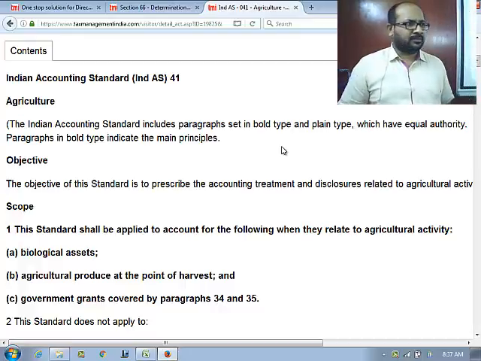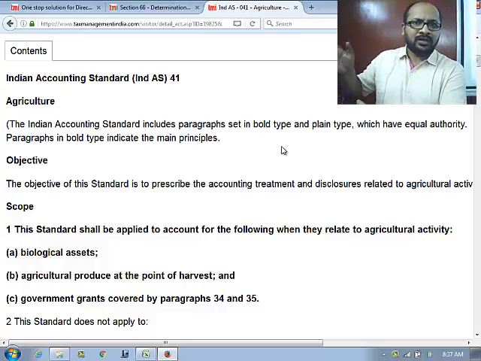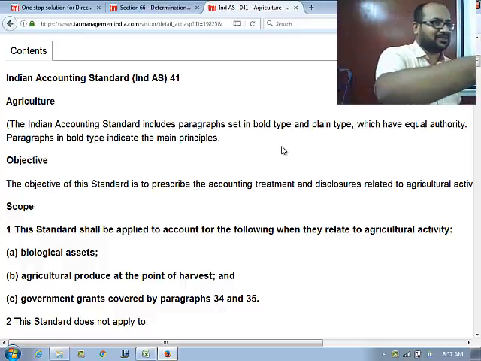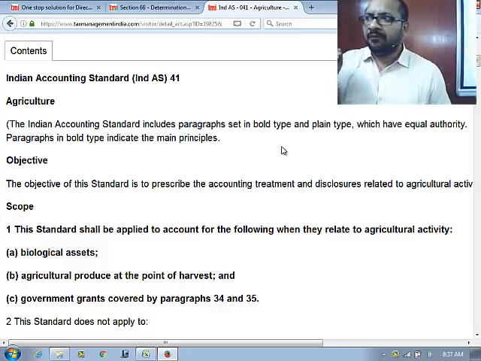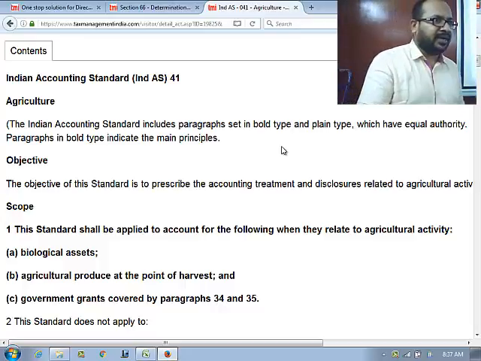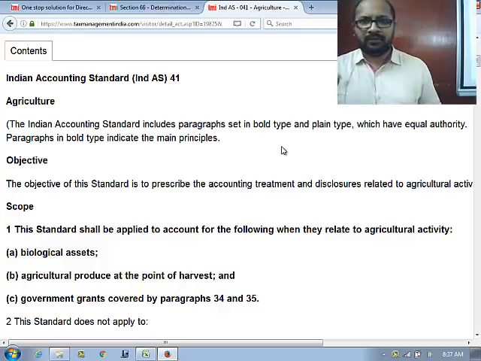Suppose I bought 10 cattle, and now it has become 100. You will find that you are carrying those 100 cattle at fair value, not at cost. You may not be able to measure cost. So all these items are measured at fair value. Fair value measurement is mandated for biological assets in terms of IND AS number 41.